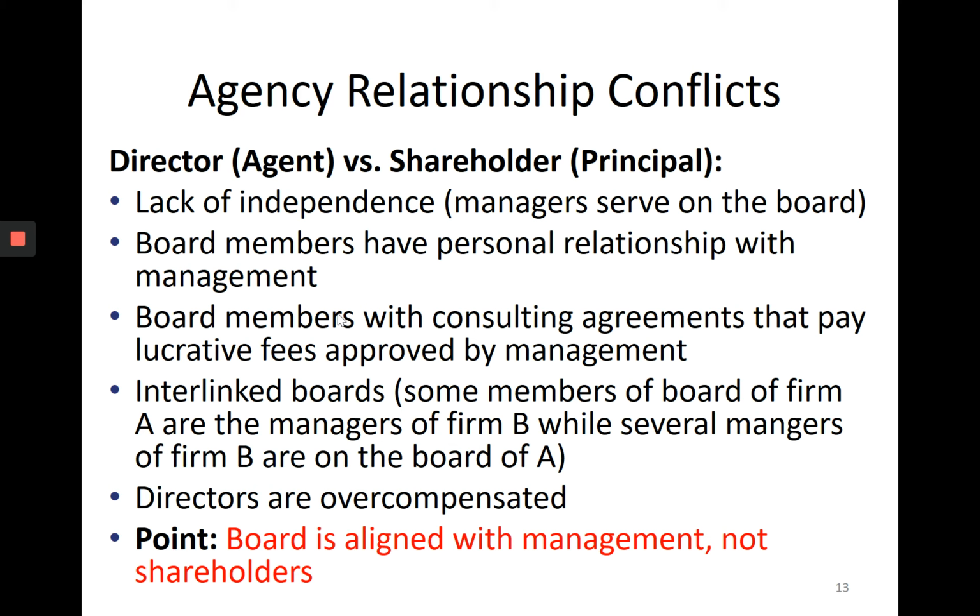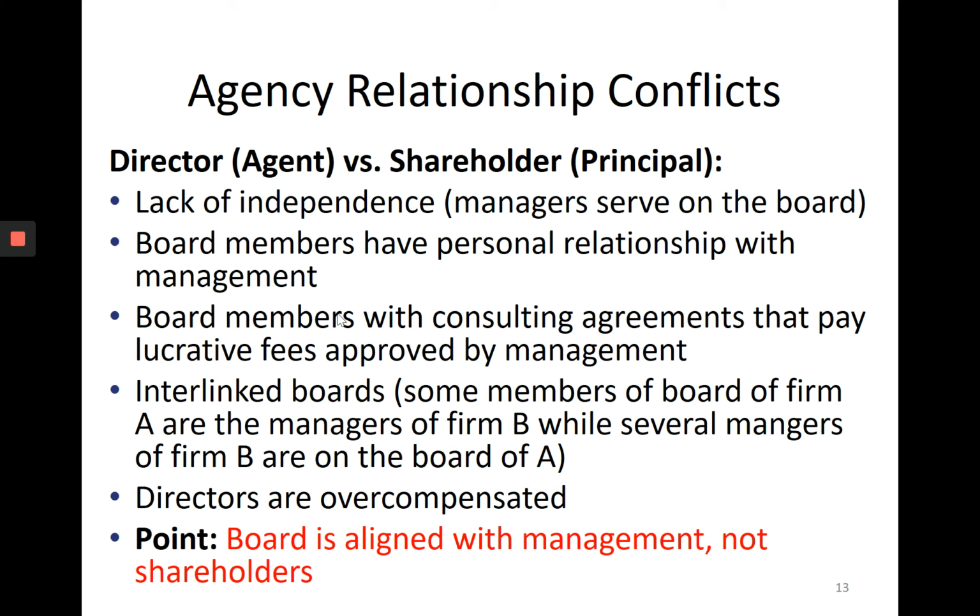Board members may also have personal relationships with managers, be family members or friends of the manager. So, besides financial relationships, there might also be personal relationships that cause a conflict of interest, essentially causing the board member to side with the manager and not do the best for the shareholders.